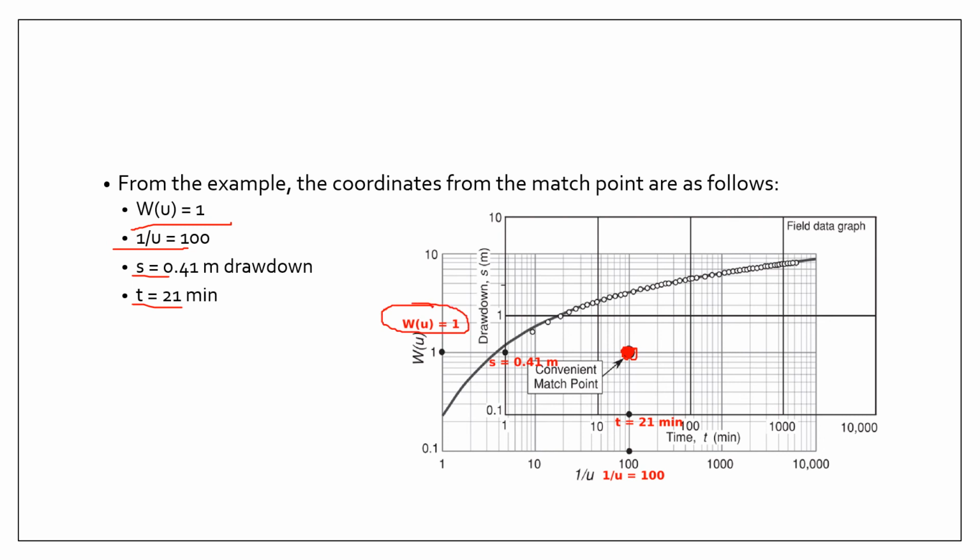W is 1, 1 over u is 100, and s is somewhere between 0 and 1, and is actually equal to 0.41, and t is somewhere between 10 and 100 minutes, and this is actually equal to 21 minutes. So you have these four coordinates from this match point.